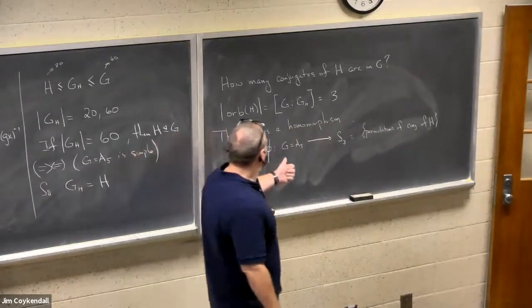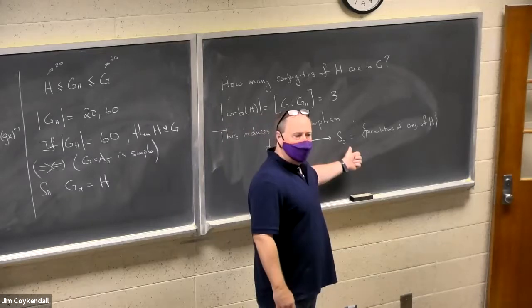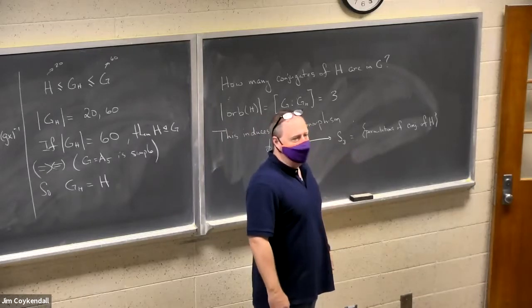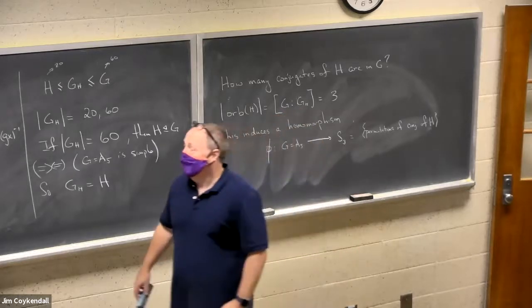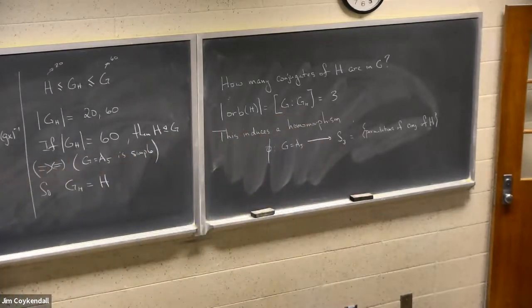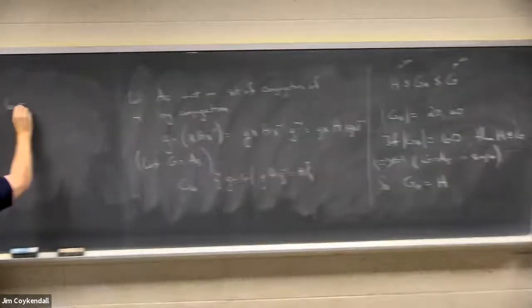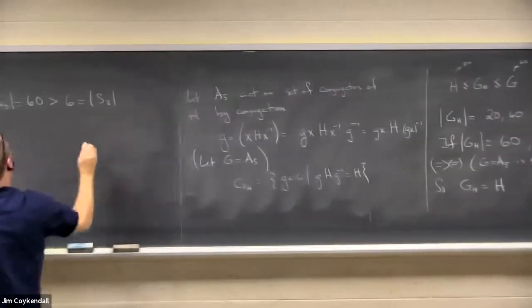We've now got a homomorphism from A5 into S3. Can this homomorphism possibly be one-to-one? No way. Right? Because A5 is too big. The order of A5 is 60, which is greater than 6, which is the order of S3.